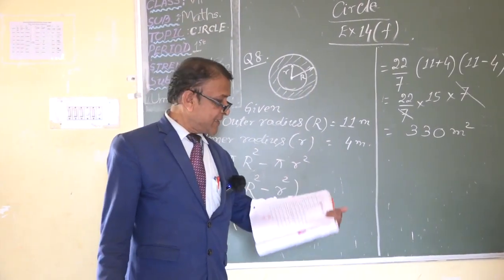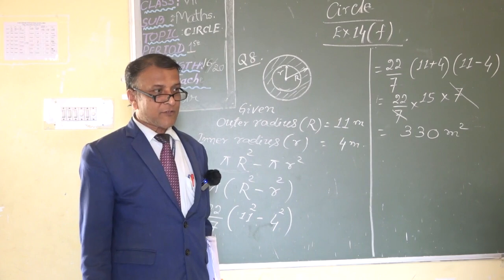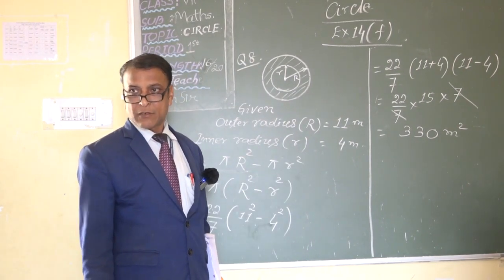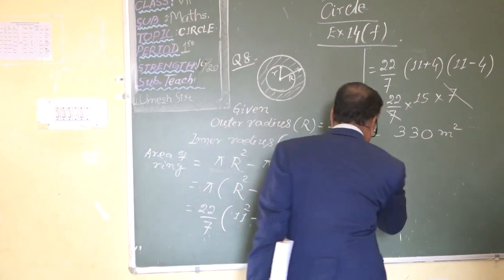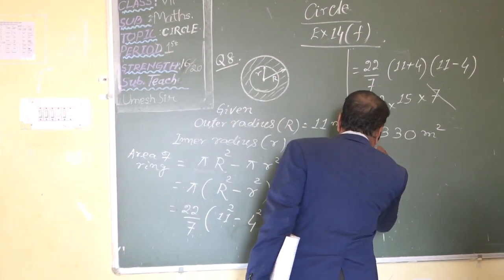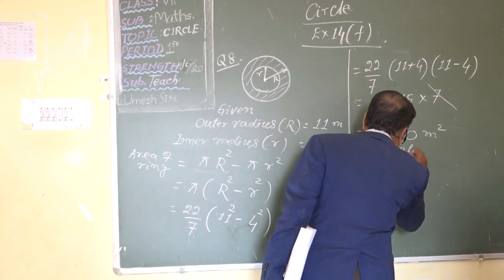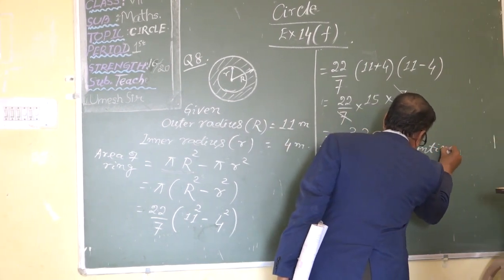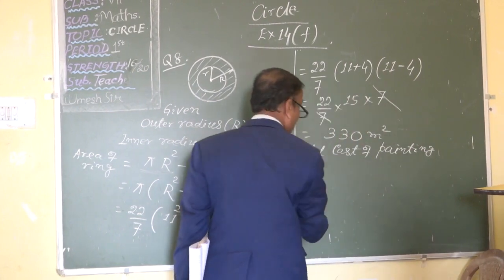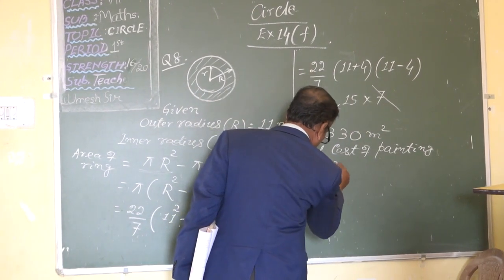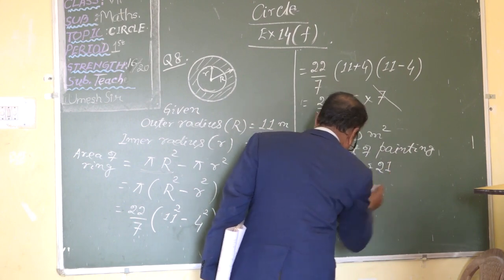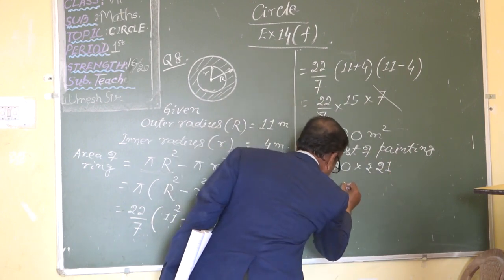But still, it is given that per meter square the cost of painting is rupees 21. So the total cost of painting is equal to 330 into 21.